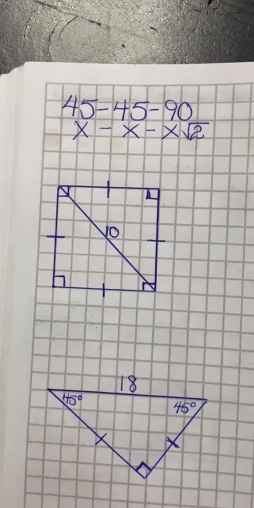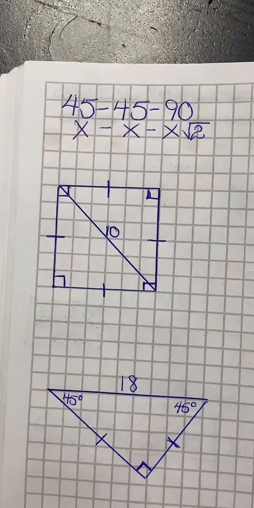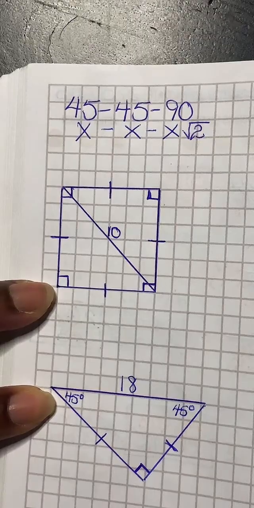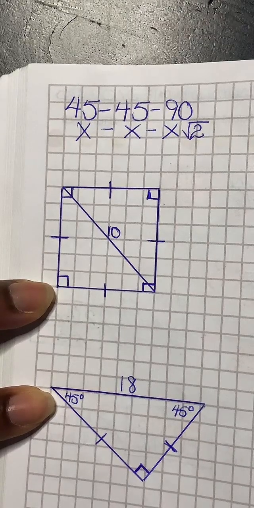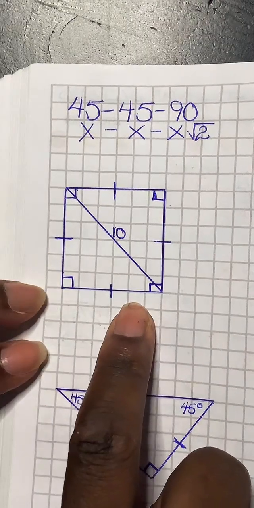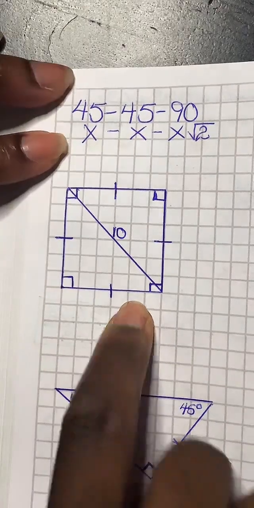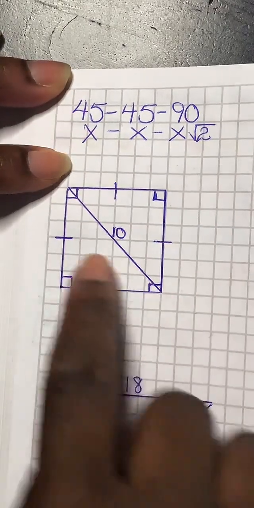So is the equation for this 10x 0.707, or is 5 radical 2 correct? We're thinking, which is great. We are basically going to pull this information out.